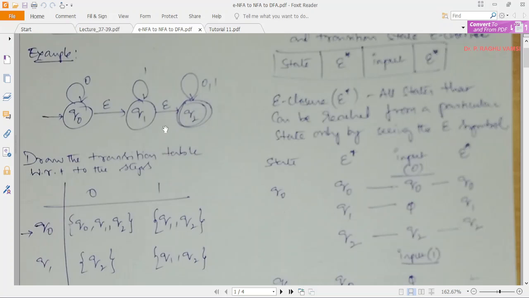Upon Q1, if you provide 0 as the input, where does it go? However, upon Q1 we don't have any 0 input, so it is null or the empty set. Coming to Q2, if you provide 0, it remains in the Q2 state. So upon Q2, with input 0, it again ends in Q2. Now we have got the set Q0, Q2.